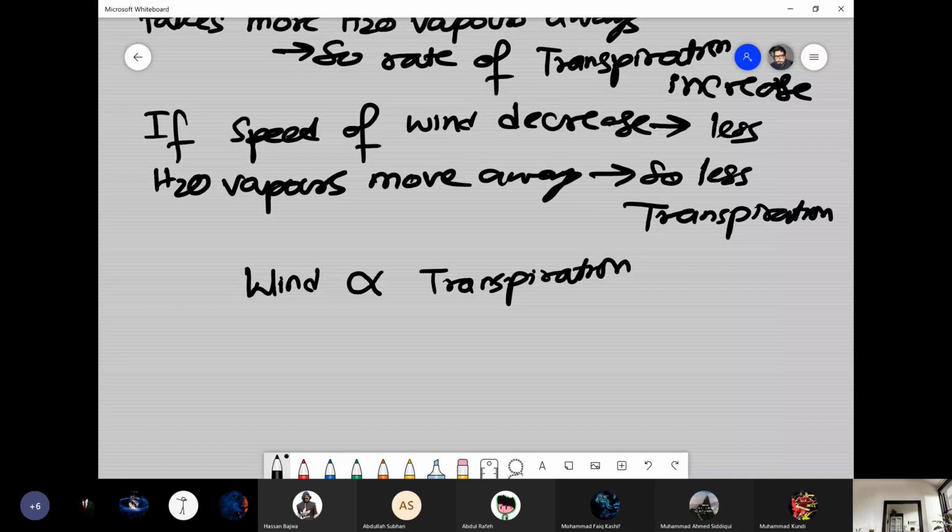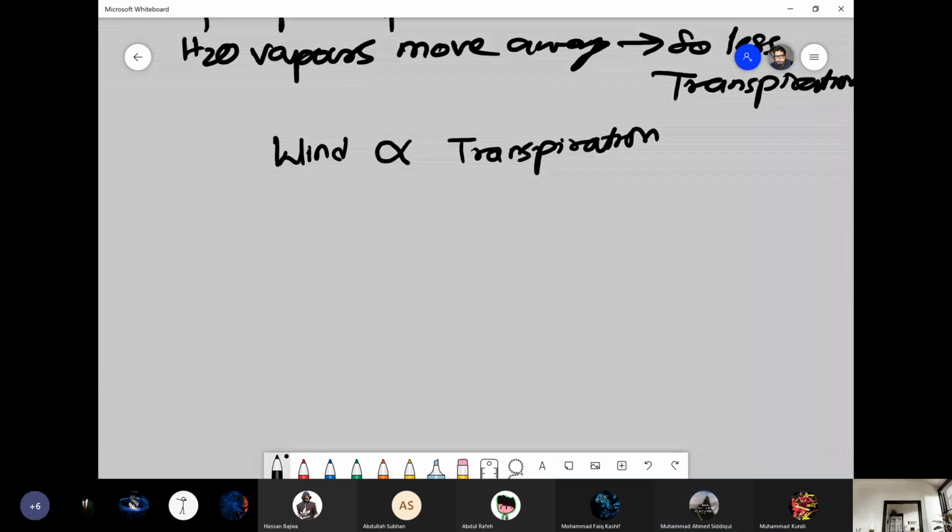Right. So you guys know that directly proportional shows that if one value increases, the other value also increases, right? In the same way, when the wind increases, the rate of transpiration will also increase, right? Yes, sir.